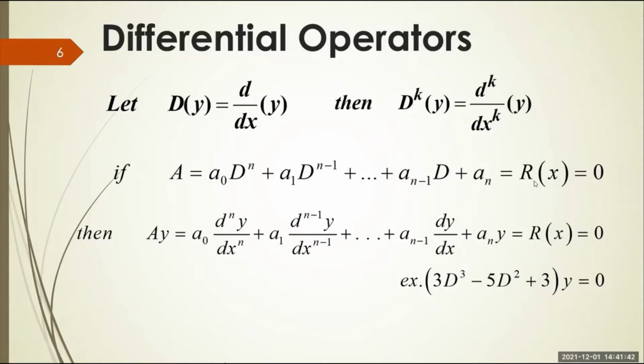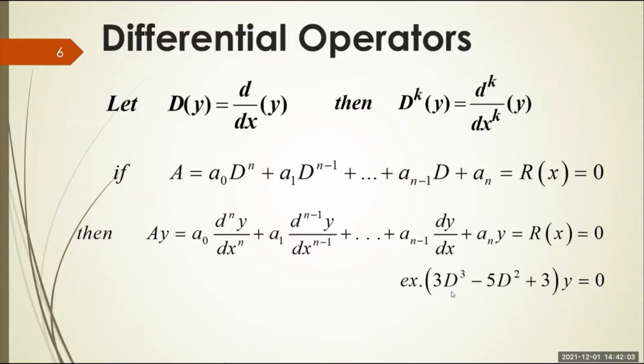It is equal to R(x). If that R(x) is equal to 0, we know that this is homogeneous. So if I multiply that A, the set of differential operators, with y, I know that it is basically solving for the differentials of y, or the derivatives of y of those orders.